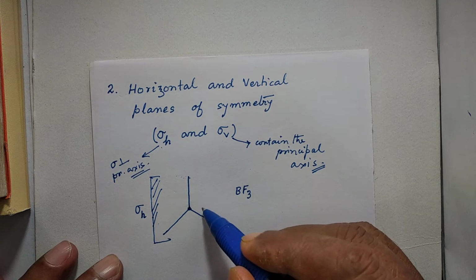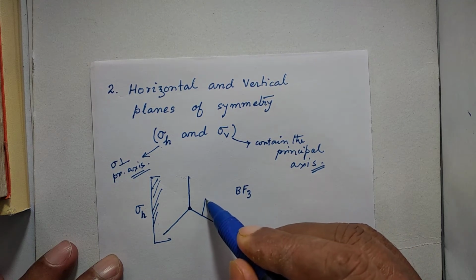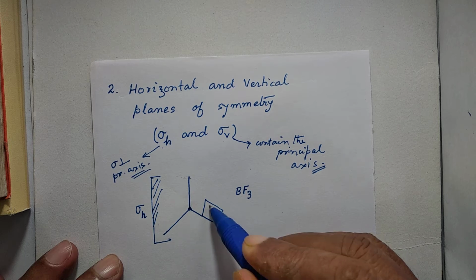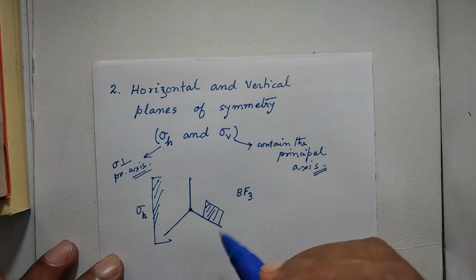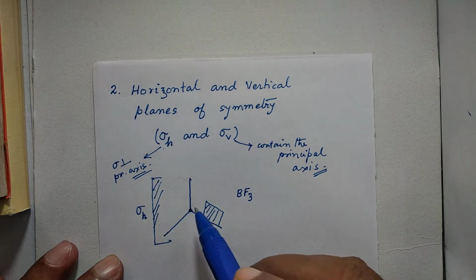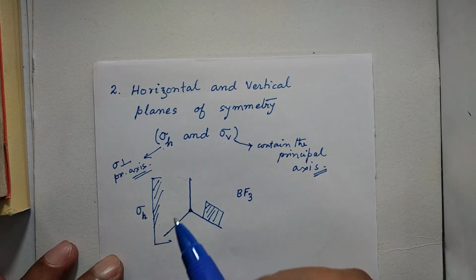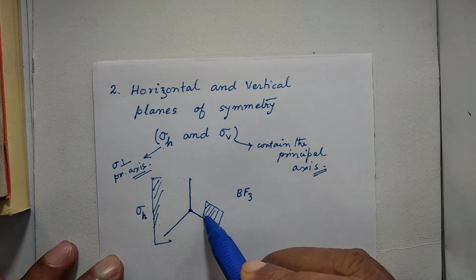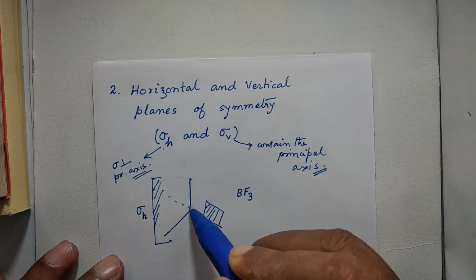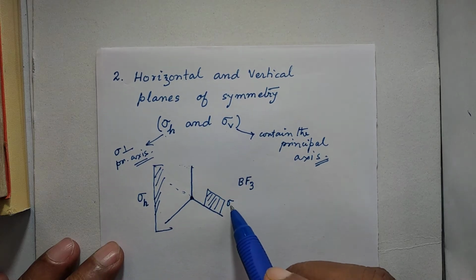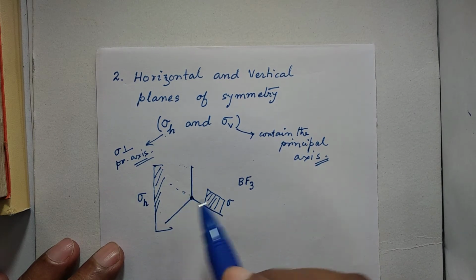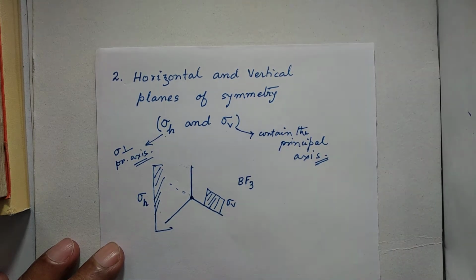And there are three other planes of symmetry like this. If we extend this plane, it will contain the highest fold axis, C3 axis, and it will cut the molecule into two equal halves. So this is a plane of symmetry, but it contains the principal axis of symmetry. So it is a sigma V plane.